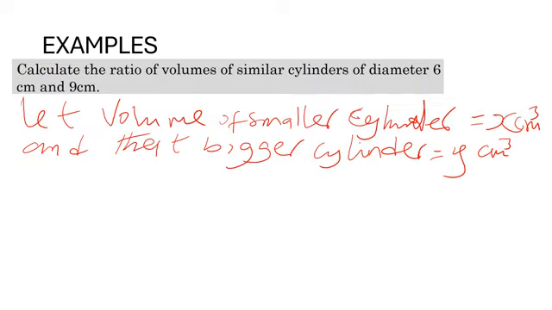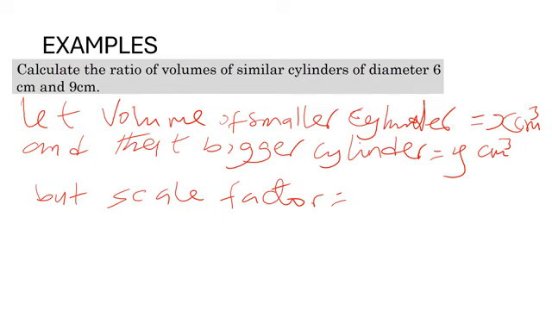We know that scale factor will be equal to, in this case, we consider the larger one to be our object and the small one will be our image.